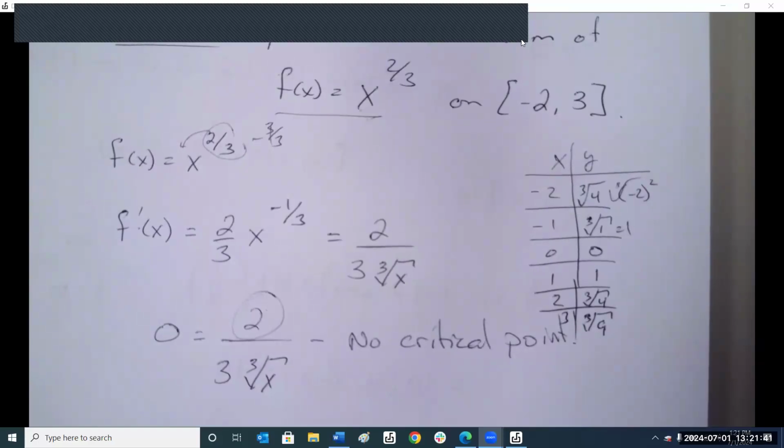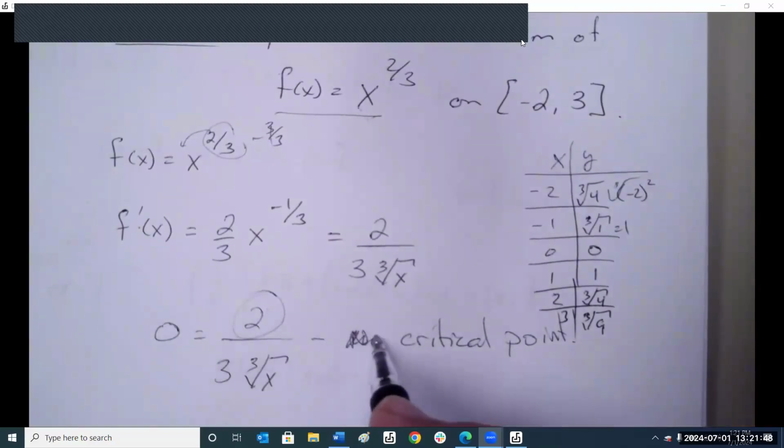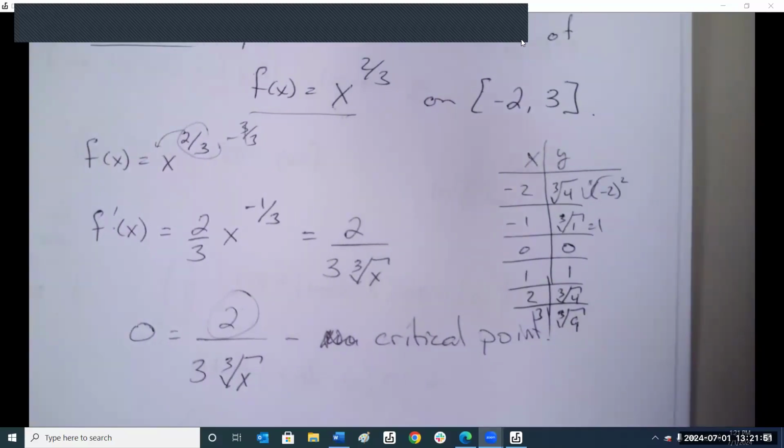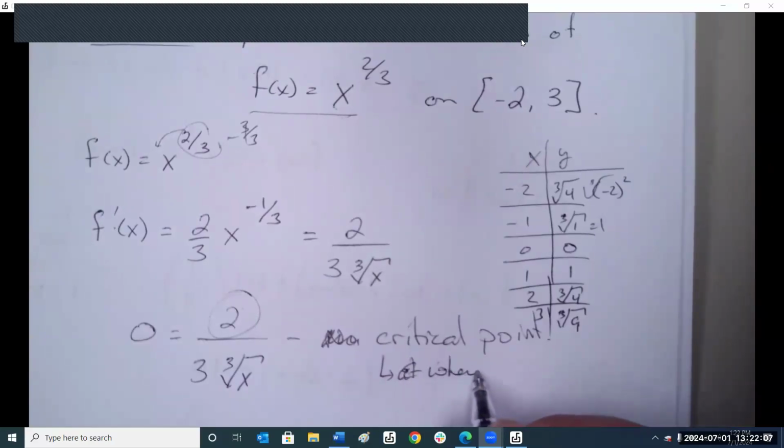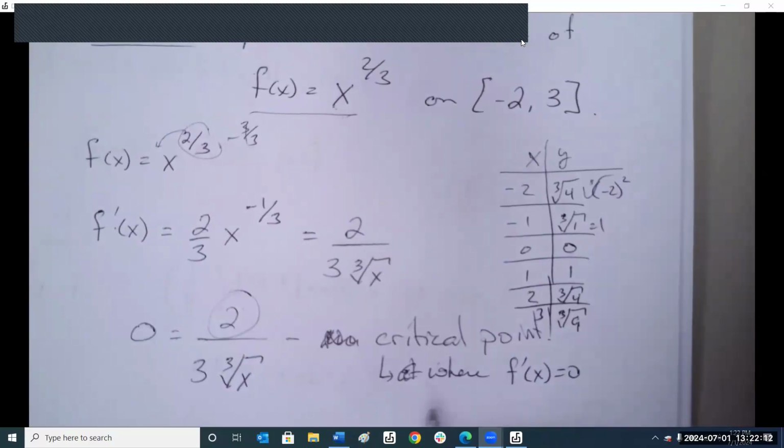Remember, two conditions for critical points. What were they? Critical points can be where the first derivative is equal to 0, or where the first derivative is undefined.